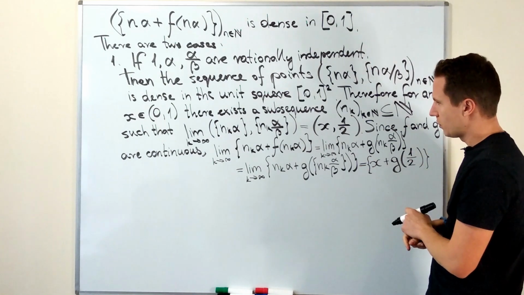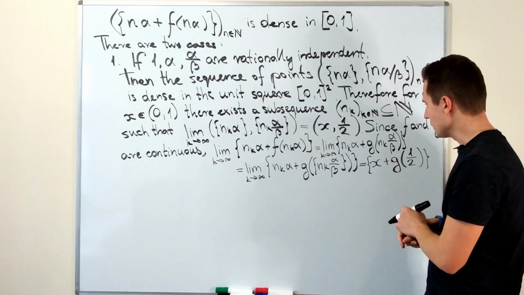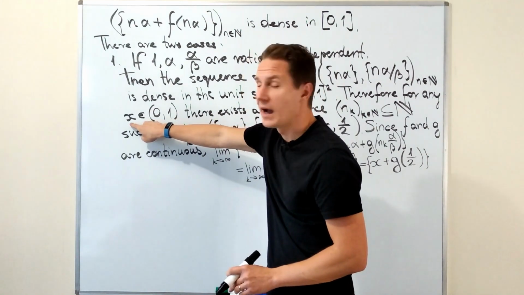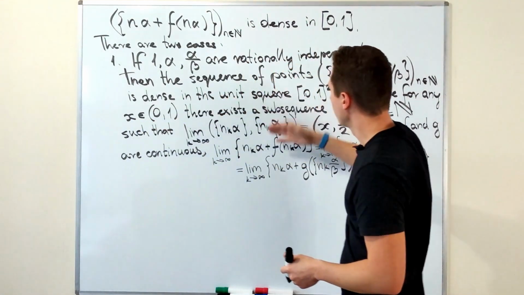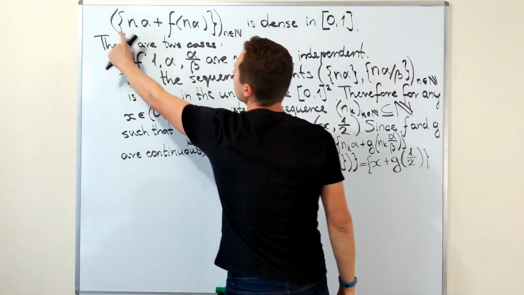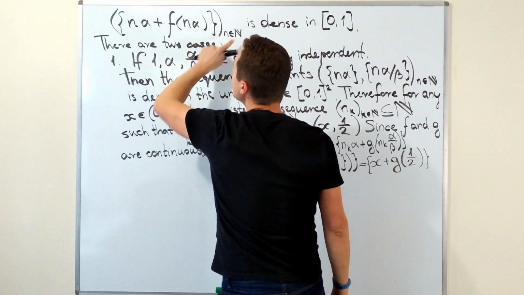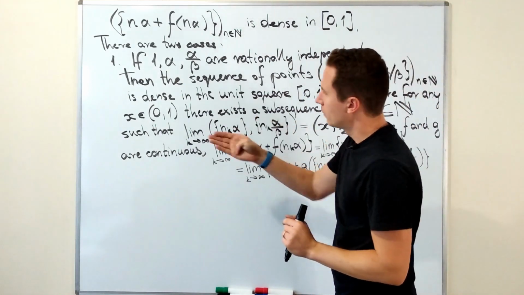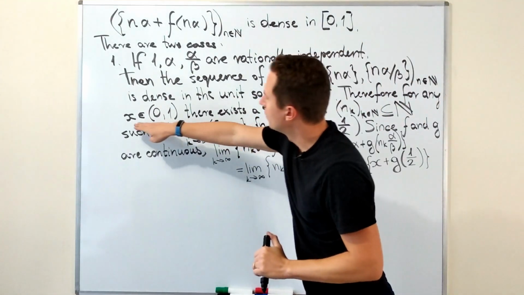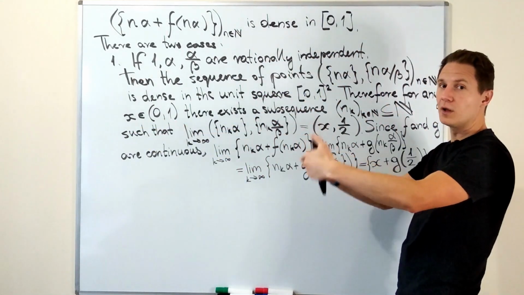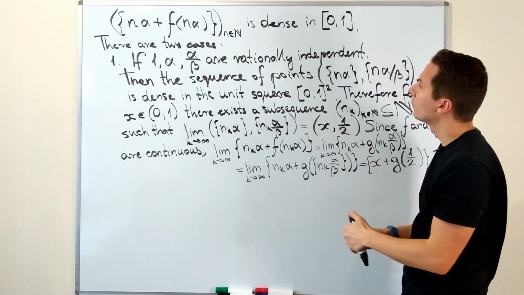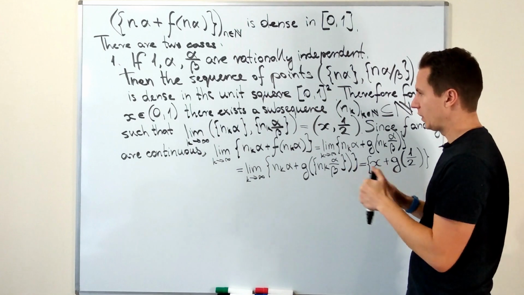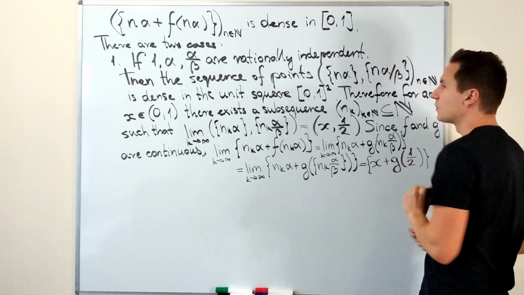Taking the fractional part shouldn't make any difference. So since x was chosen arbitrarily, we can find a subsequence of this sequence of numbers such that we converge to that previously fixed number on the unit interval. This is what it means for this sequence to be a dense subset of the unit interval. Okay, so that's the first case.